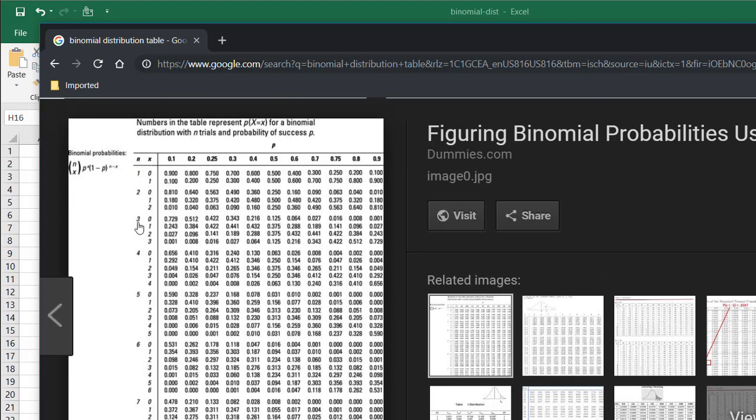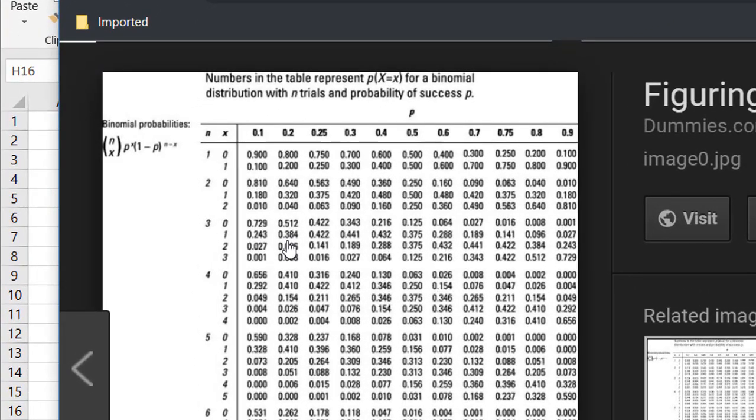Our x is our success, which is 1. And then our probability of success is 20%. So n of 3, x is 1, probability 20% gives us 0.384. So there we have our binomial table. So this is another way that we can get the probability for our binomial probability question.